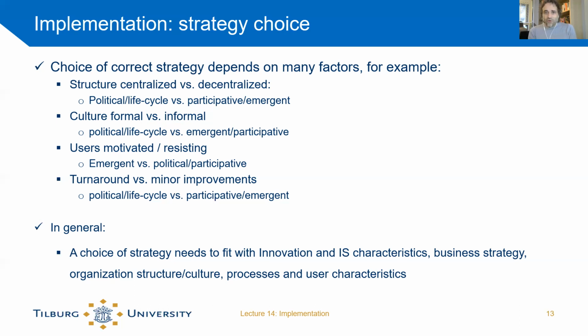If your organization is very decentralized, then life cycle will not work because everyone is basically doing their own thing. So you probably would need a participative or emergent strategy.